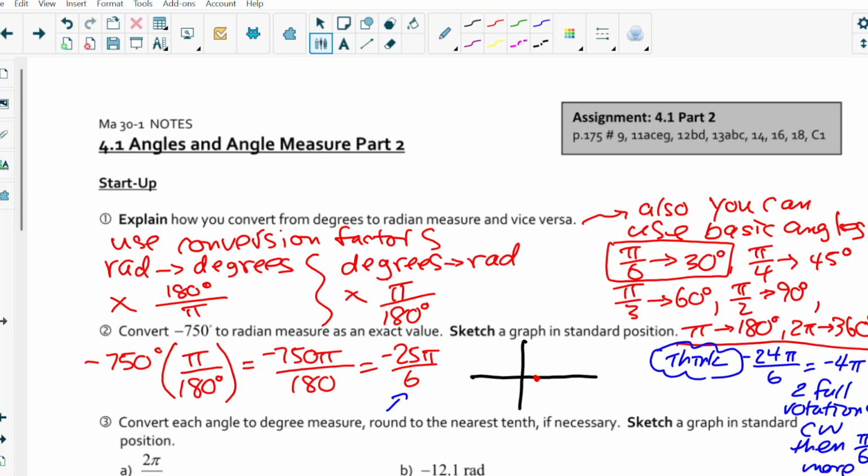So 2 full rotations, negative 4 pi, and then pi over 6 more. 1 rotation, 2 rotations, and then pi over 6 more, which is 30 degrees, right about there. Draw your terminal arm right there. Sorry, initial arm, terminal arm. That is theta equals negative 25 pi over 6.